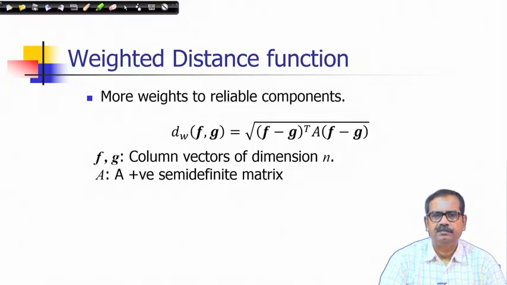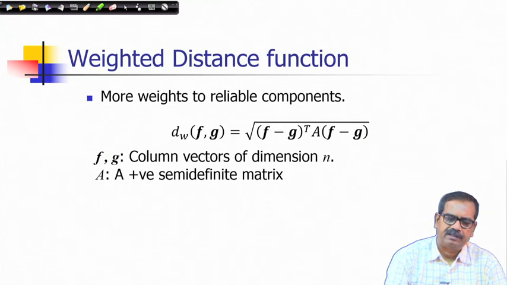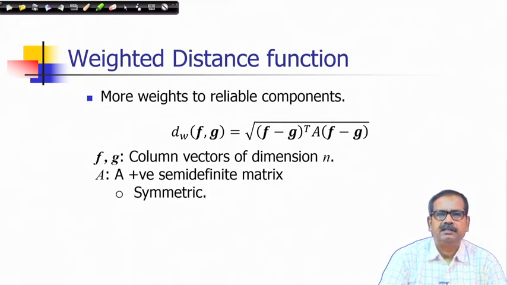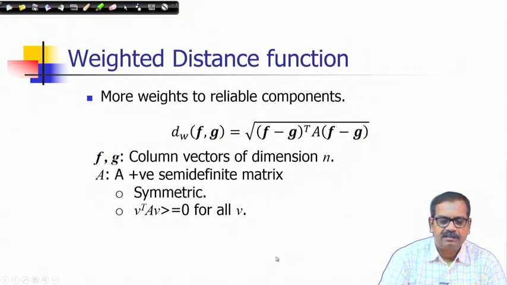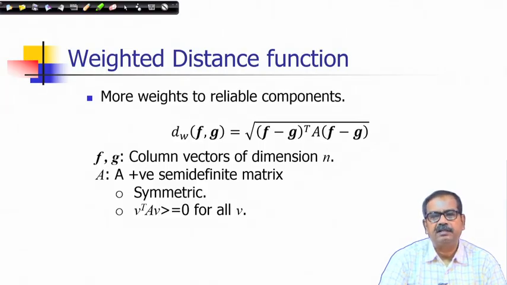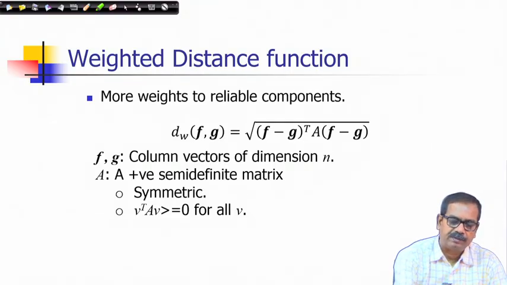As you can see, it uses the column vector representation of a feature vector, and using matrix operations you can compute this distance. In this expression, particularly note that A is a positive semi-definite matrix, which means that it is a symmetric matrix, and if I perform this operation V transpose A V, it should be greater than or equal to 0 for all V. So, its value should be non-negative with respect to the same vector.